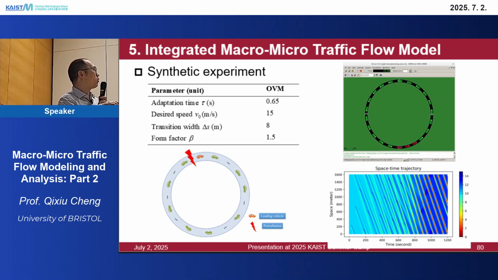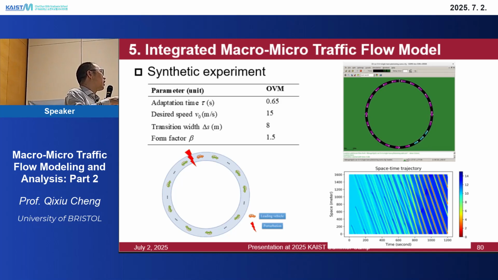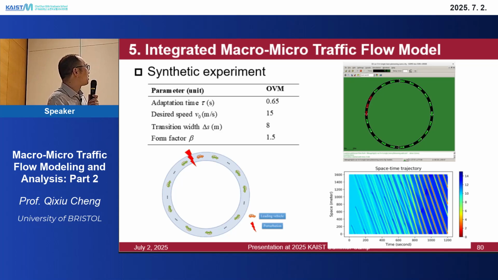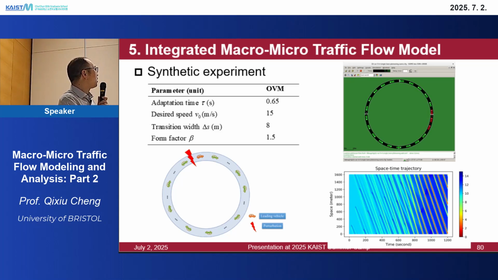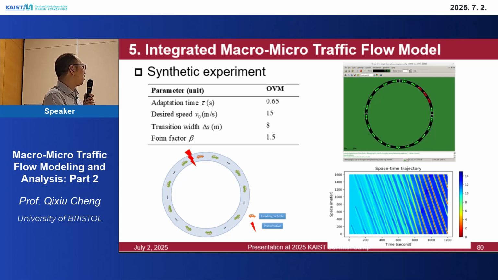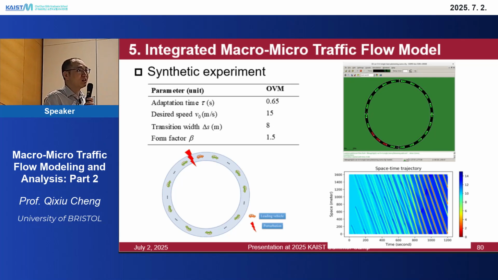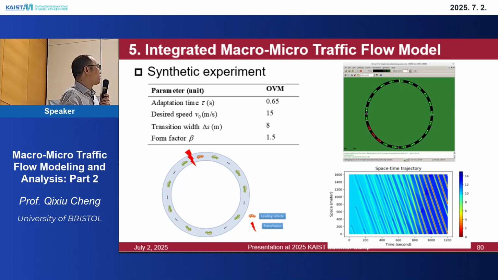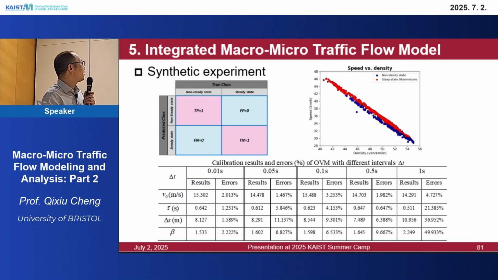It's on a circle road with only one lane, and the spacing between each vehicle in the beginning is 20 meters, and they run, and we add some disturbance. For example, one vehicle decelerates and then accelerates. Okay, so we treat this, and then we can obtain the steady state traffic data.